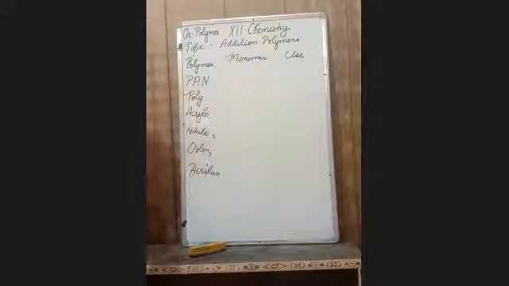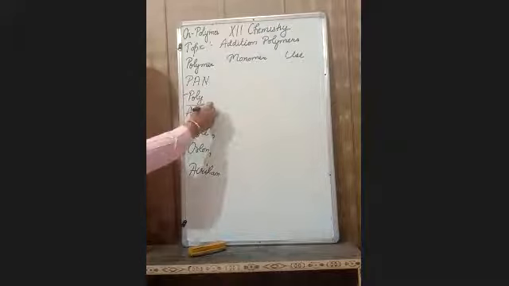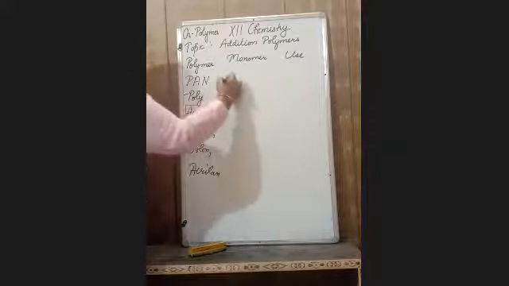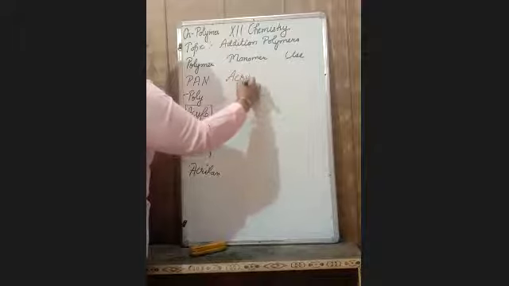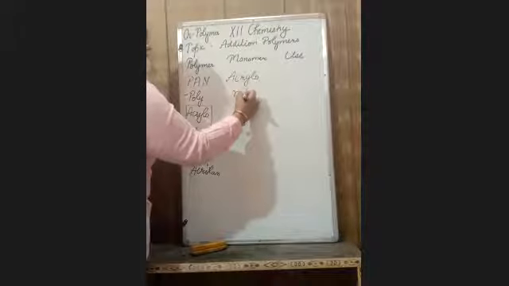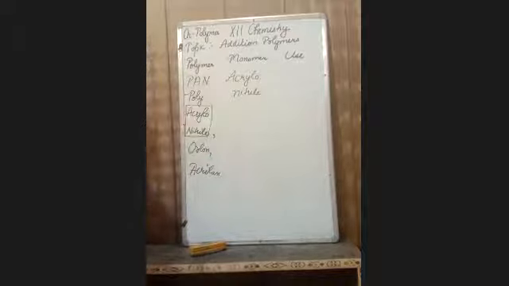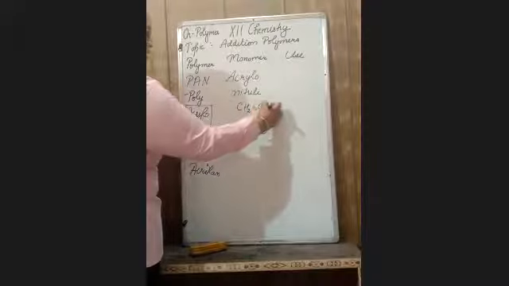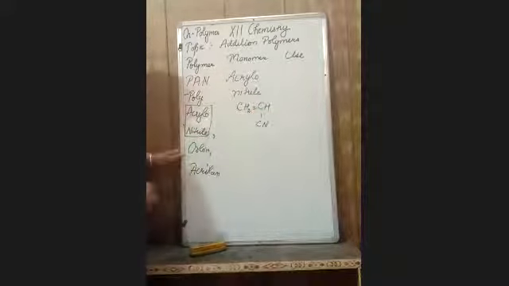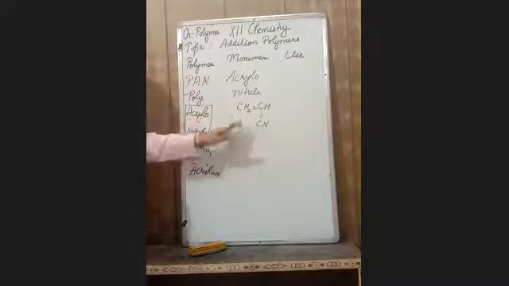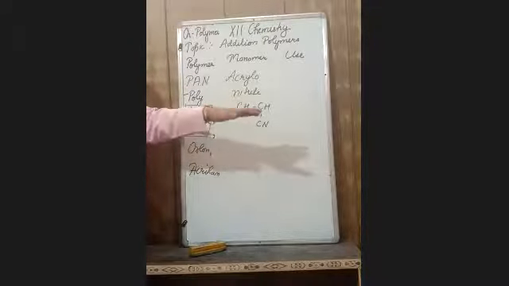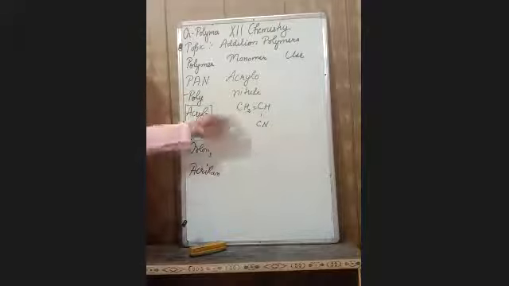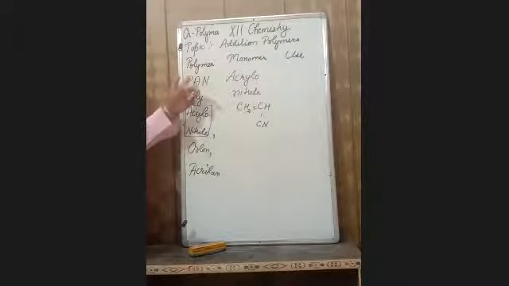PAN, polyacrylonitrile. Now its monomer will be acrylonitrile. Simple. That is CH2=CHCN. It is its monomer. Monomer means the repeating unit, which repeats to form the polymer. Your polymer is PAN, that is polyacrylonitrile.